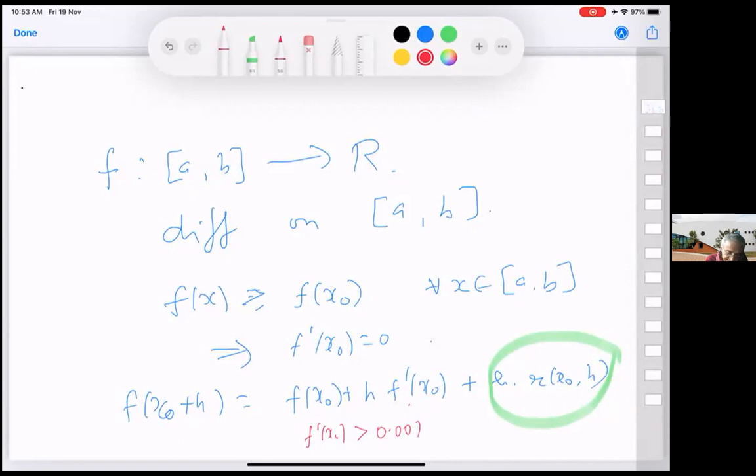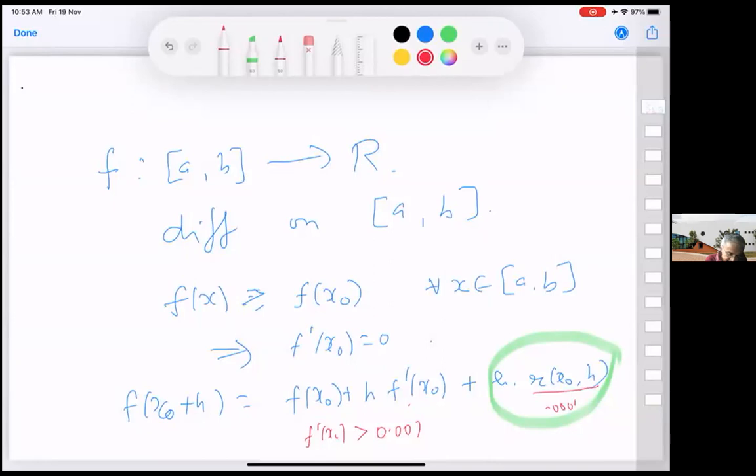So h times R(x0, h) will be less than h times f dash x0. So we can make this itself less than 0.0001, for example, for small enough h. And then h times f dash x0 will be larger than h times this in absolute terms.